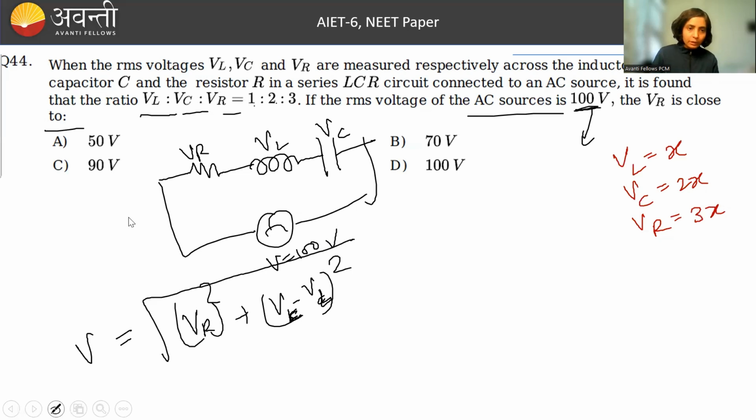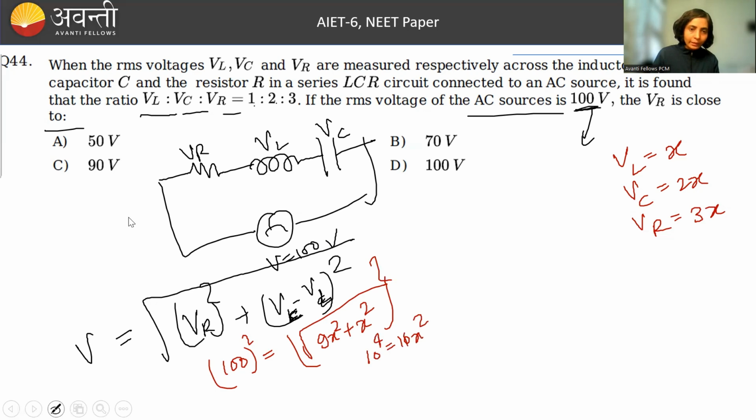And if we put in the values, V is 100 and this is equal to VR square, that is 9X square, plus VC minus VL, 2X minus X whole square, X square, so 10X square. Square both sides. So we will get 10 to the power 4 is equal to 10X square. So 10 will get cancelled, 3 will remain here. So X is equal to 10 root 10.